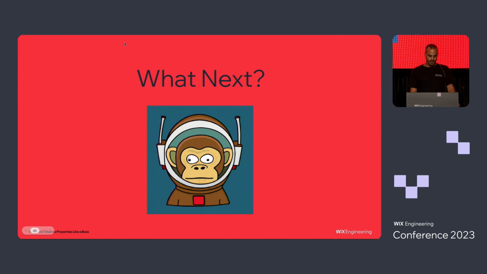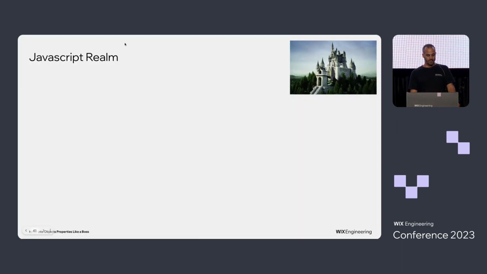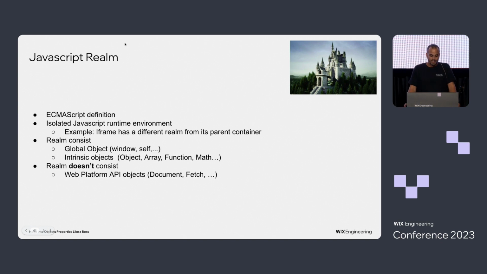And what next? So for knowing what next, we need to understand a bit about what a JavaScript realm is. JavaScript realm basically is the runtime of JavaScript. It is an isolated JavaScript context that has a global object.